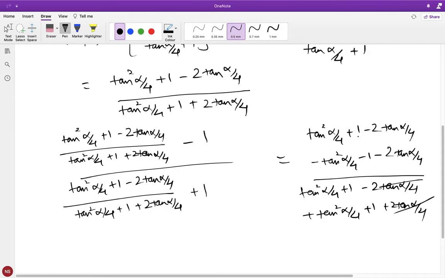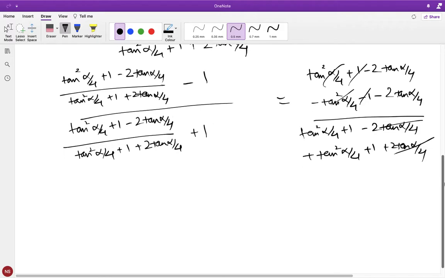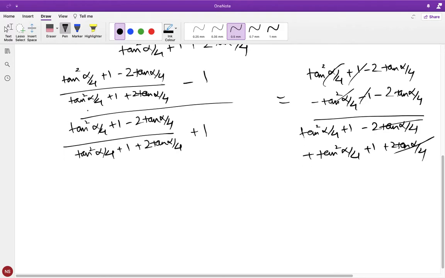This is cancelled with this, and this will be cancelled. So this whole thing is equal to −4 tan(α/4) by twice of (1 + tan²(α/4)).